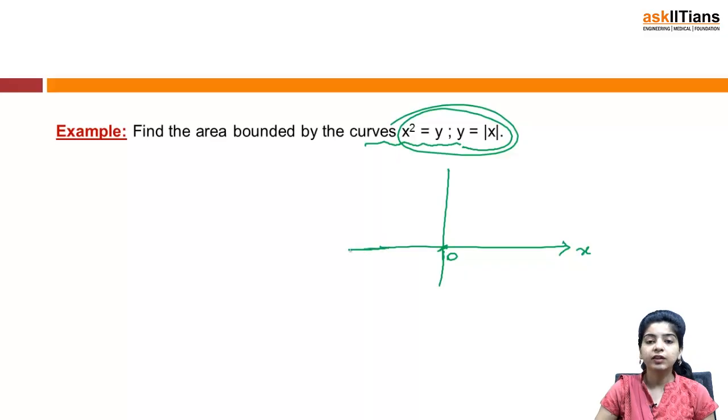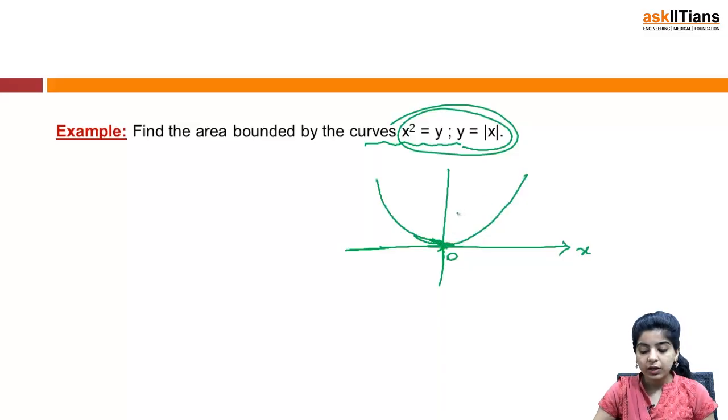We'll have to take the negative side also, since we need to draw the graph of y equal to mod x. Now x square equal to y is this curve, coming from 0 itself, and y equal to mod x is this graph.